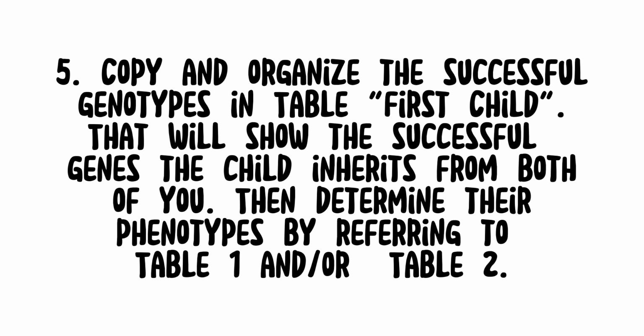5. Copy and organize the successful genotypes in a table for the first child that will show the successful genes the child inherits from both of you. Then determine their phenotypes by referring to table 1 and/or table 2. For the second table, this will show the successful genes the child inherits from both of us.